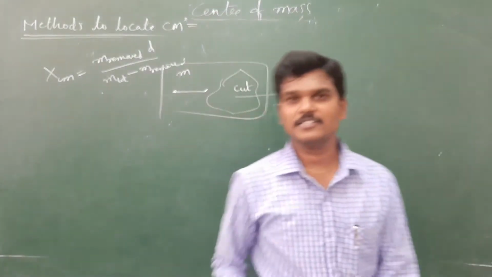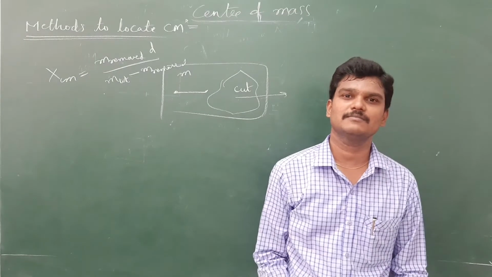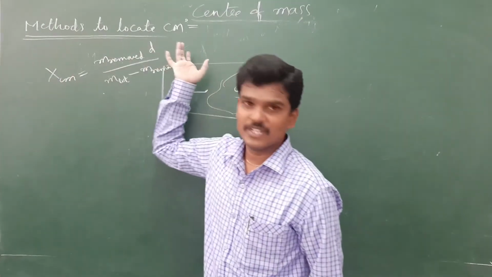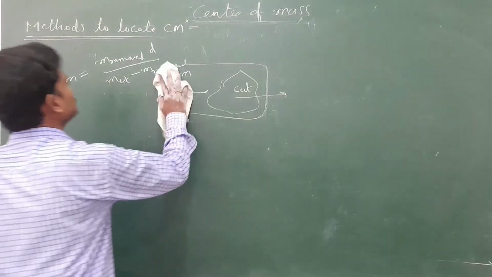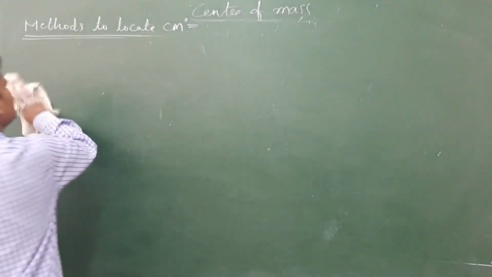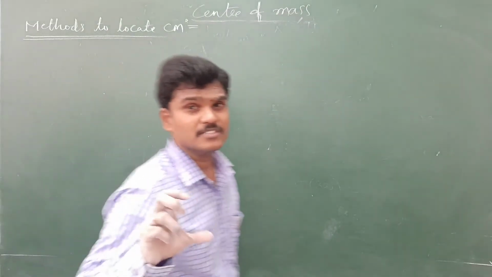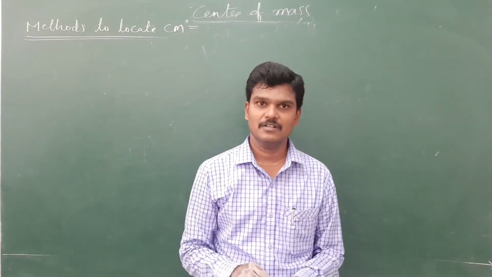For the next problems I am using this formula: mass removed into distance by total mass minus removed mass. This is nothing but m into x, the sum of moments of masses, m1 x1 equal to m2 x2. Let me solve some problems using this method. XCM, the shift of center of mass, equals mass removed into distance by total mass minus removed mass.